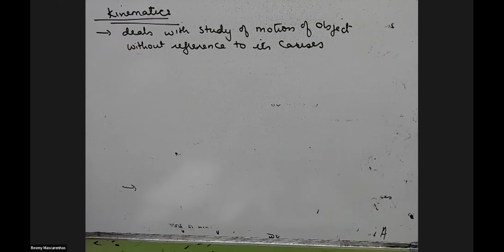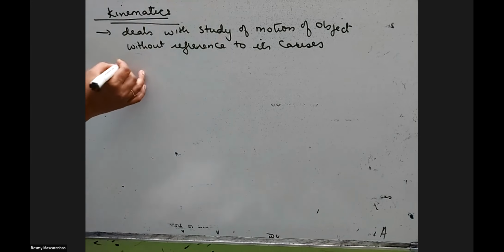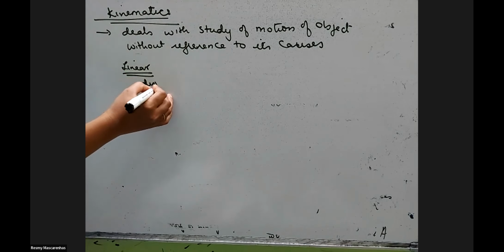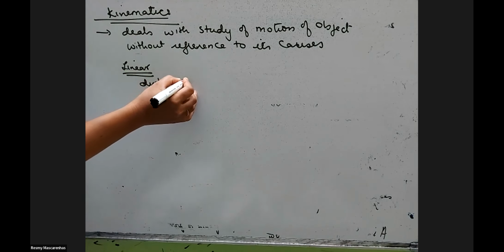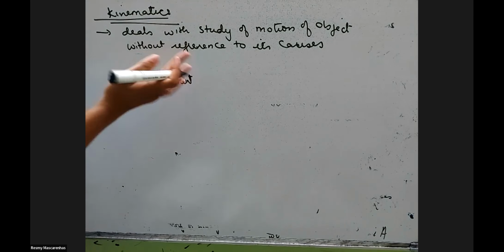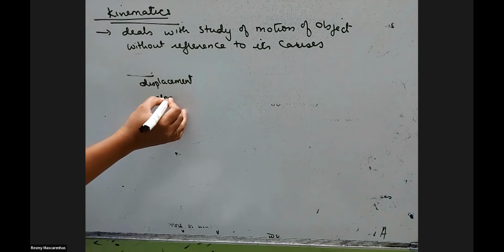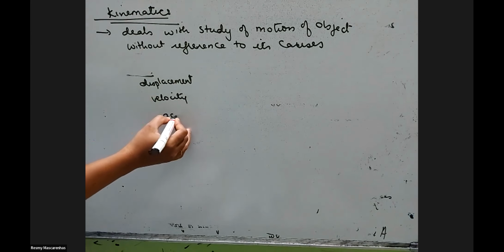We don't want what causes the motion. We don't want what causes the acceleration, or what made the object move. When the object is in motion, that is what matters. So for linear, it is normal displacement. It is the same for both linear and rotational, only the way we write will be different: displacement, velocity and acceleration.